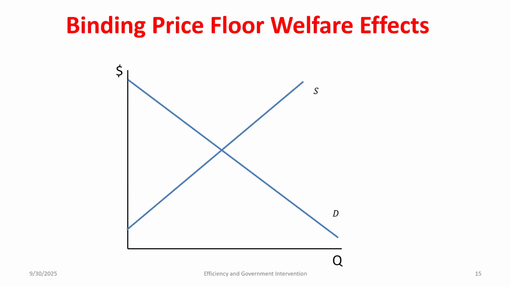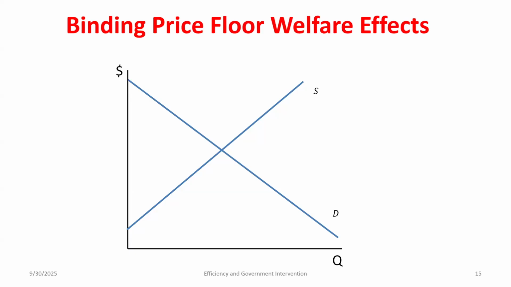The price of labor is really just wages. So I've got the quantity of labor and the price of labor, and my supply and demand curves. Which one's my supply curve? The one that is upward sloping. We need to know this by now. Our demand curve is downward sloping, representing diminishing marginal benefits.